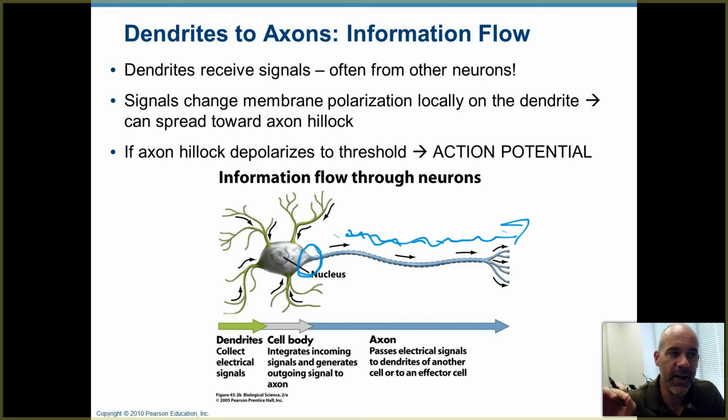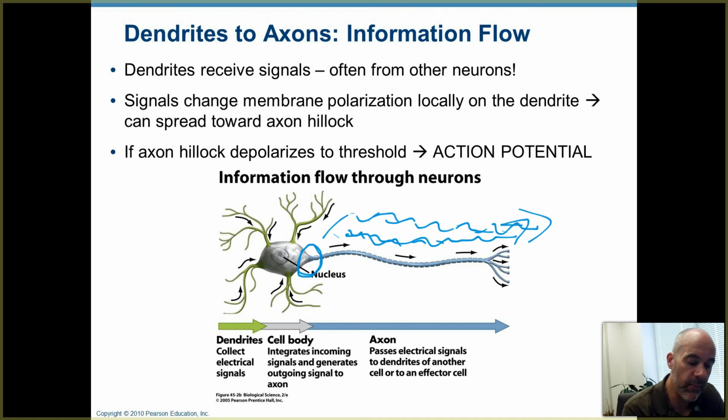Remember, the axon hillock has to reach that threshold voltage, generally about minus 55 for a motor neuron. Once that happens, boom, you go through that action potential story. We're not going to go back through that all over again. If you need to revisit it, it's back in the Unit 4 content. But the axon hillock is where you've got to reach that threshold level, and if you do, you get an action potential that travels all the way down the axon.